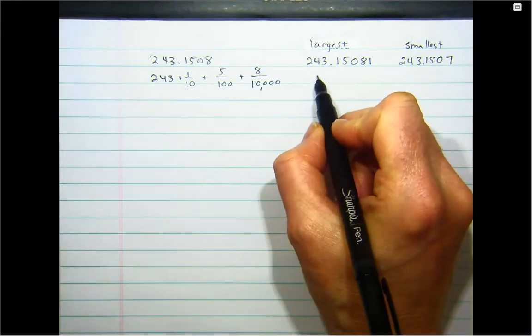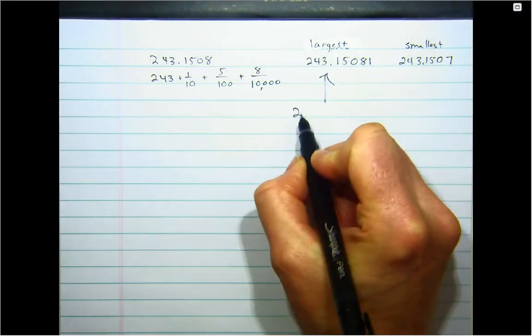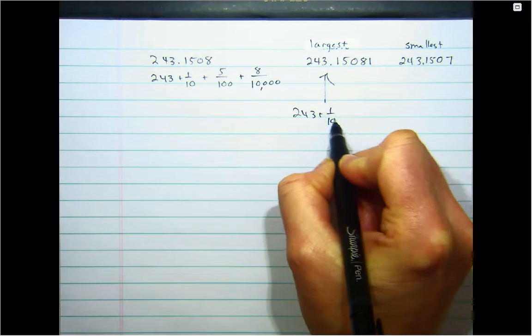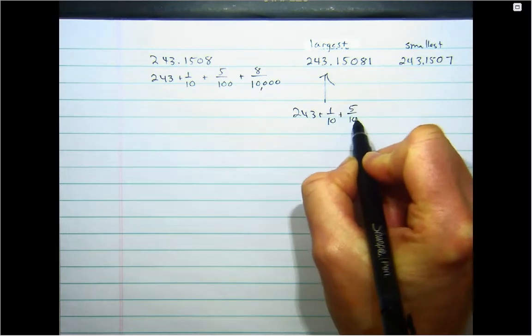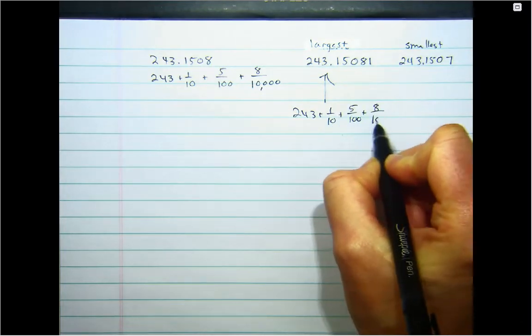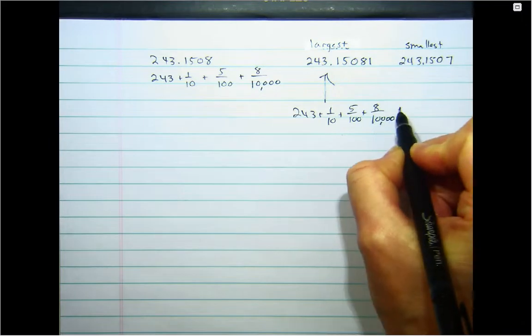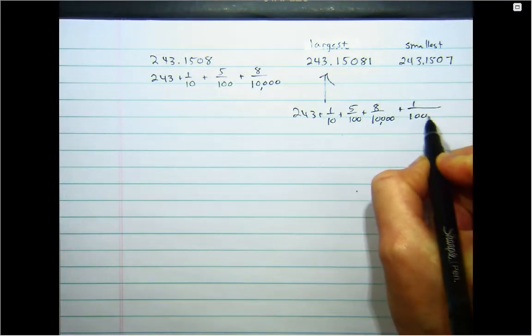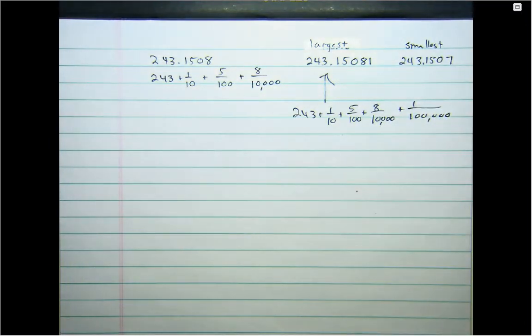So this is all the 243 plus the 1/10 plus the 5 100ths plus the 8 10,000ths plus one more little tiny bit, 100,000th.